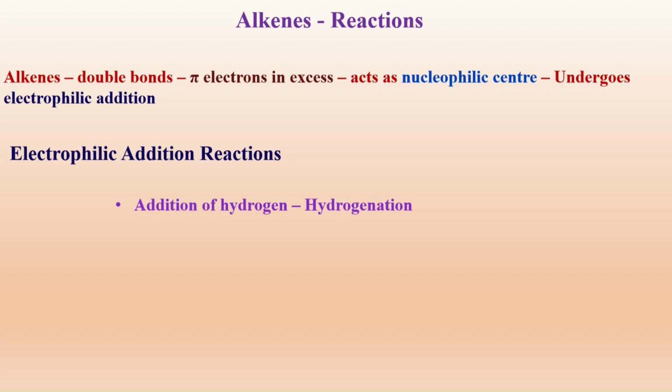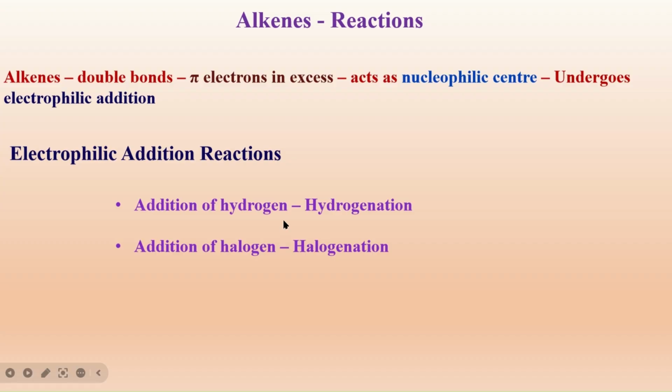This is called hydrogenation of alkenes. That's why one type of electrophilic addition reaction that alkenes can undergo is hydrogenation. The halogens can also get added across the carbon-carbon double bond, and this process is called halogenation.